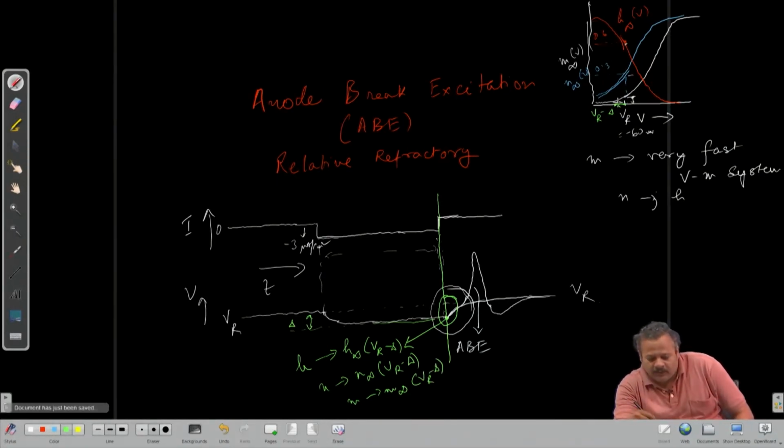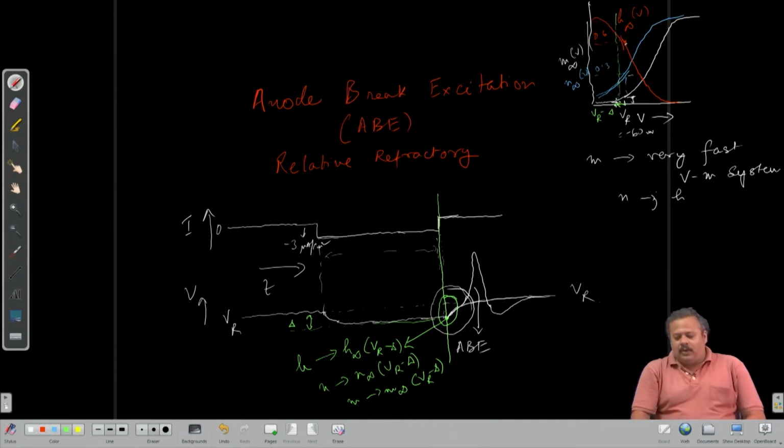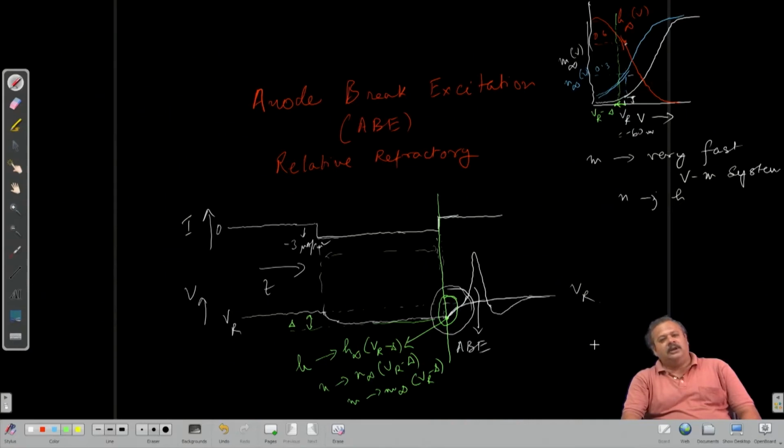So what are those values? At this point, m infinity of V is hardly changing, because there is only a small change in the m infinity values with that delta change, since initially the opening probability of our sodium activation gates is very low.